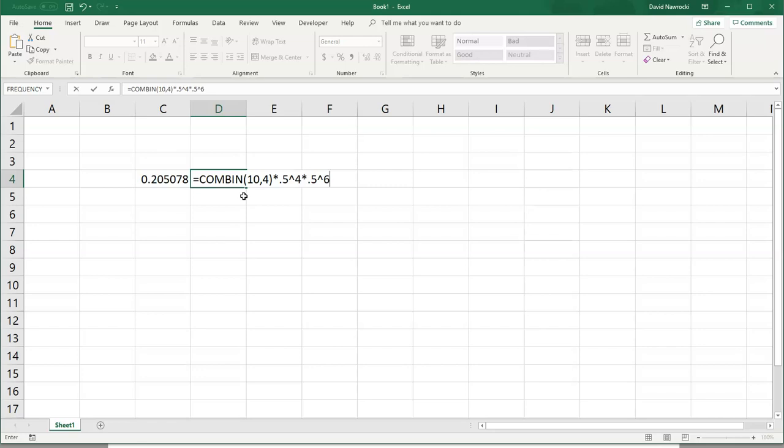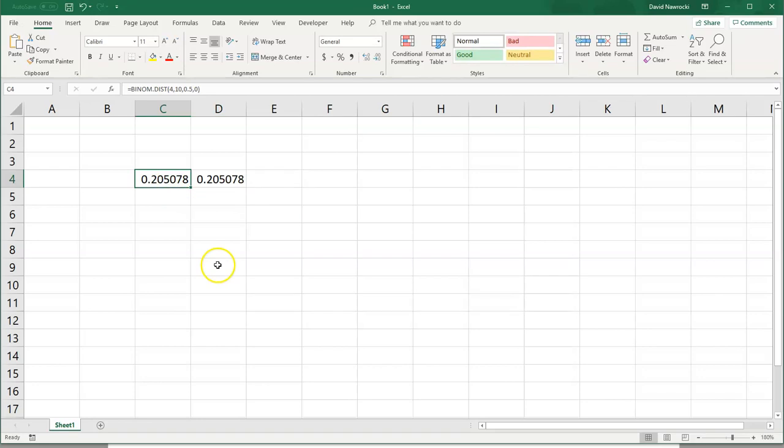That's using the binomial formula, and we will get back the same answer that we have in this cell right here, 0.205. And you see that's exactly what we get back. So this one right here is using the full binomial formula where we type it in by hand. And this one is using the Excel built-in binomial function.